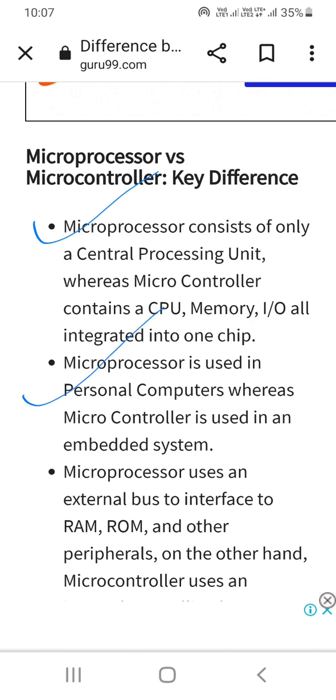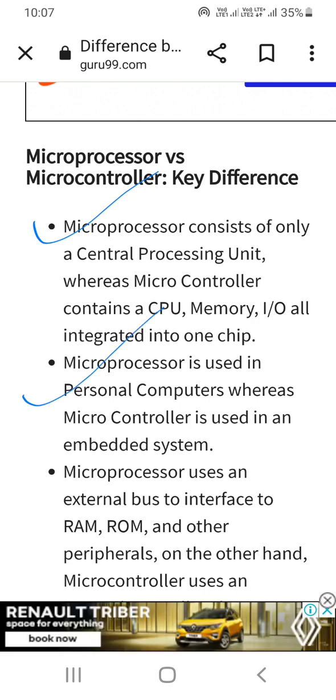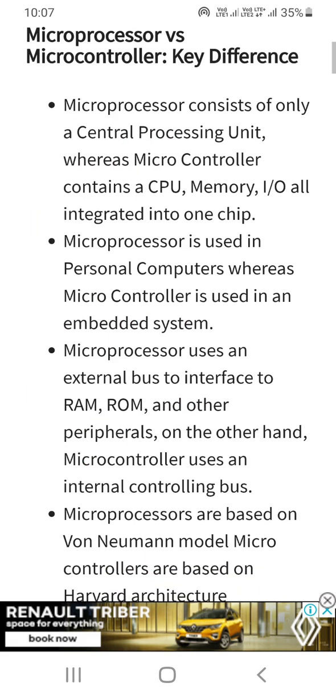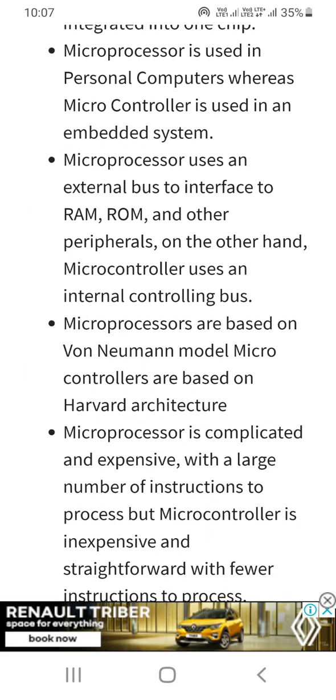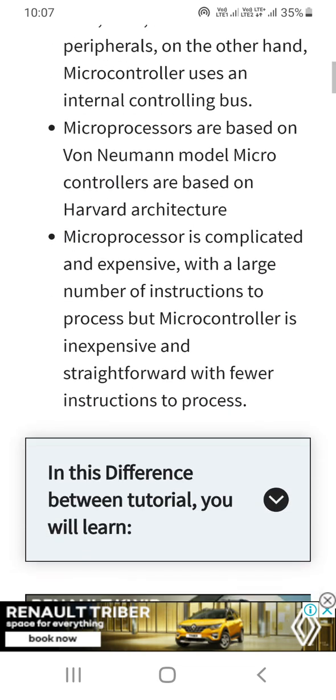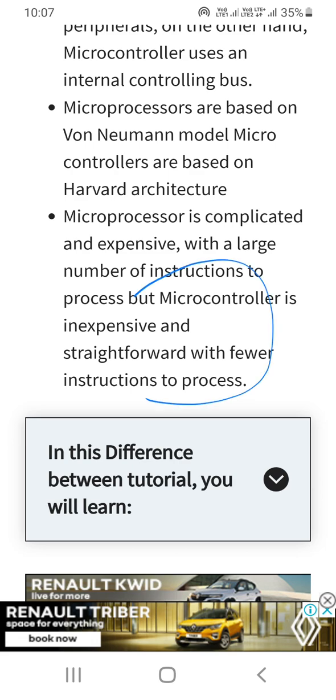A microprocessor is used in personal computers, whereas a microcontroller is used in embedded systems. A microprocessor uses an external bus to interface RAM, ROM, and other peripherals, whereas a microcontroller uses an internal bus. A microprocessor is complicated and expensive with a large number of instructions to process, whereas a microcontroller is inexpensive and straightforward with fewer instructions to process.